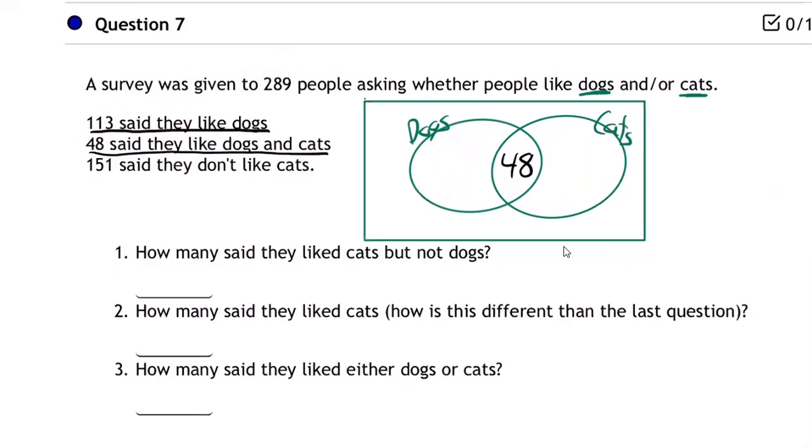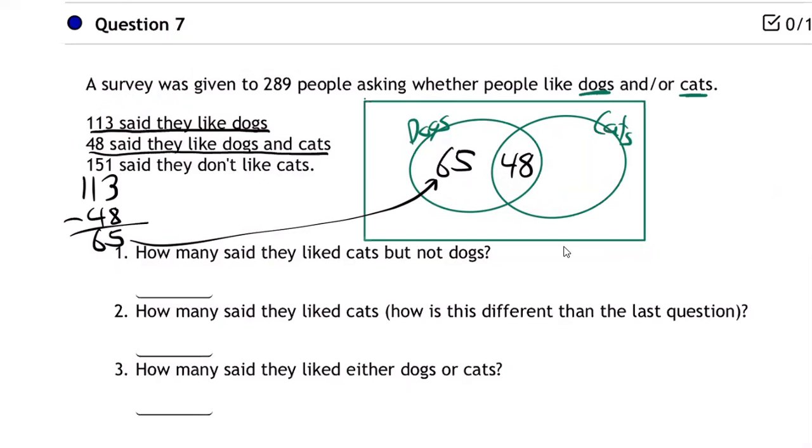Everybody seeing that? So I'm going to take 113. Let me put it over here. We'll do a couple of these. So 113 minus 48. I think it's 65. And that's going to go right there. Everybody see that?